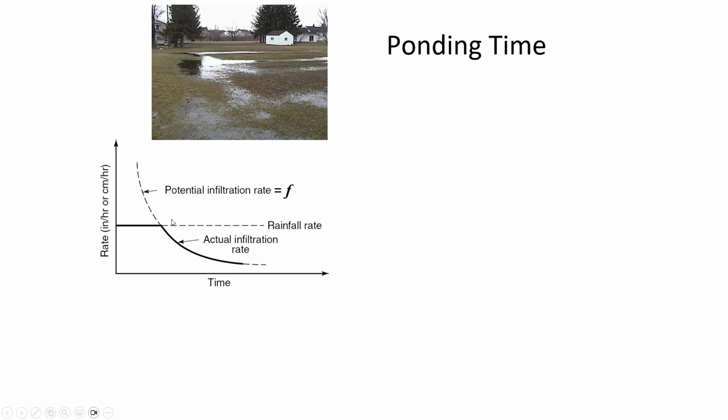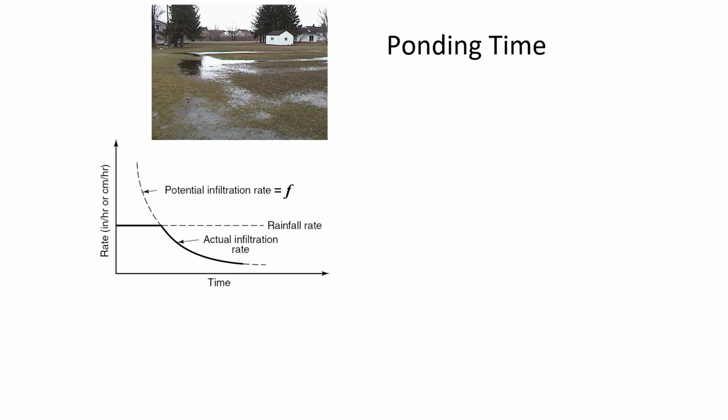We could calculate the worst case time to ponding with this method, but the approach that we're going to use oversimplifies, because the infiltration rate curve isn't going to be declining that quickly if it's not fully saturated.